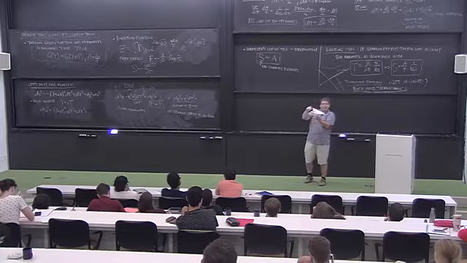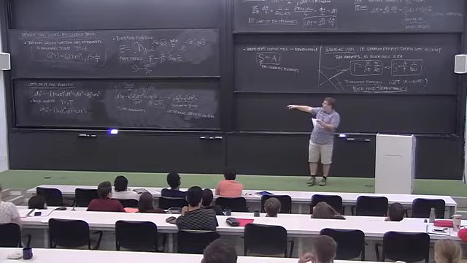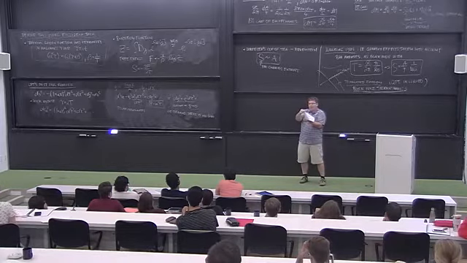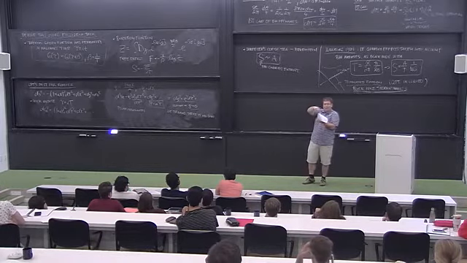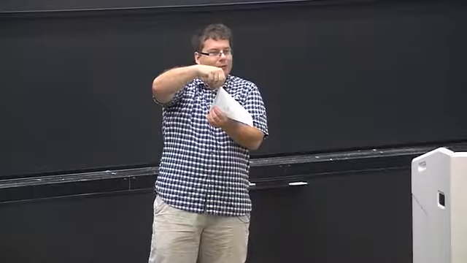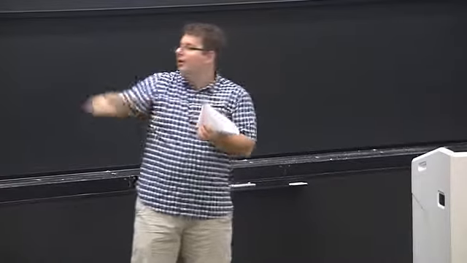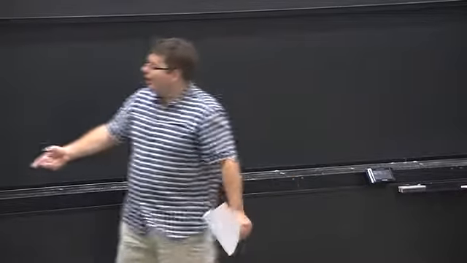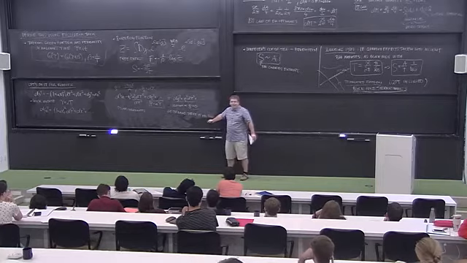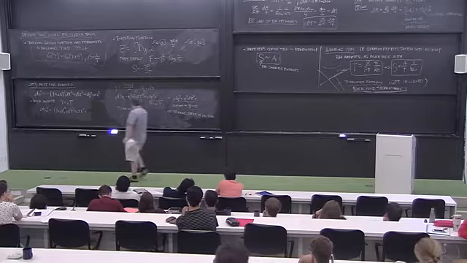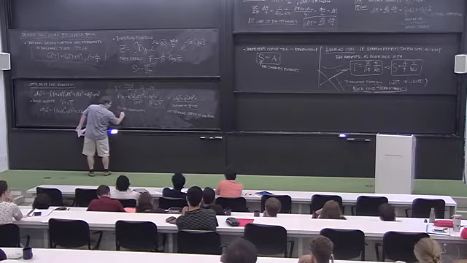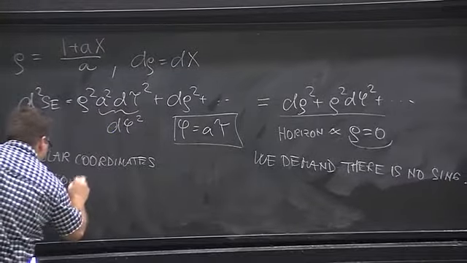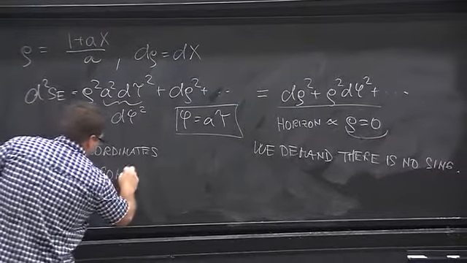Yesterday we had almost a flat space with precisely this type of metric, but the string cut out of the spacetime a conical deficit, and so there was a conical singularity. Now I cannot have that, because a conical singularity is a singularity, and I forbid any singularity here. So, polar coordinates to avoid the conical singularity.